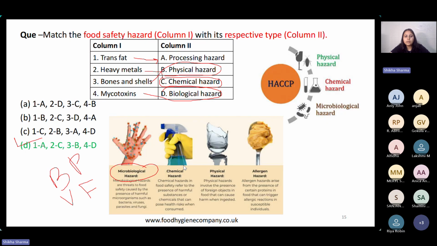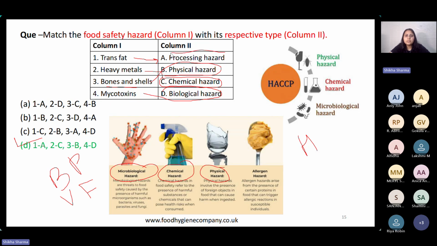So these are the microbial hazards. Next one is the chemical hazard. Chemical hazards include toxic chemicals which can come into the food and cause a threat to human health. Then there is the physical hazard. A physical hazard can include foreign objects coming into the food, like hair, or here shells. All these can come into the food.